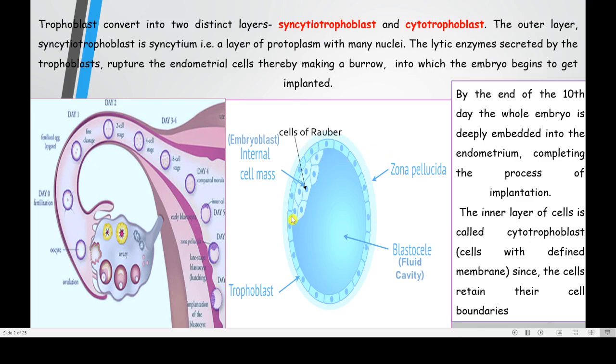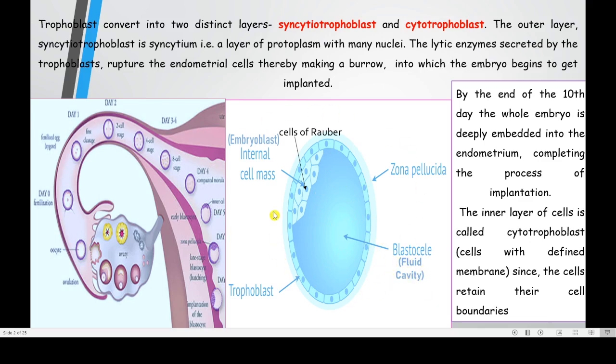Few cells get assembled at a particular place just above the trophoblast, and it is known as the inner cell mass, which is also known as embryoblast or the cells of Rauber. Plus you will find a cavity over here which is the blastocoel, or the fluid cavity.